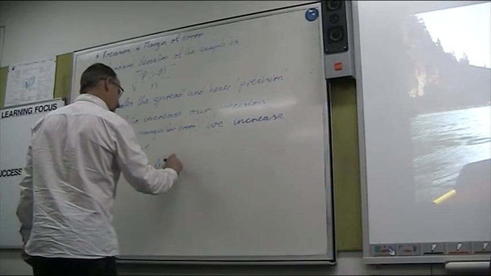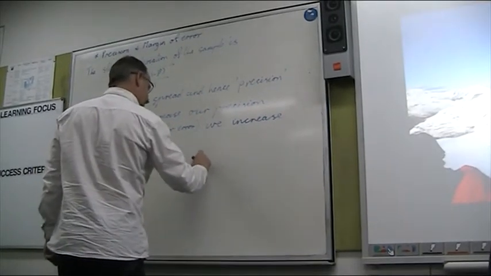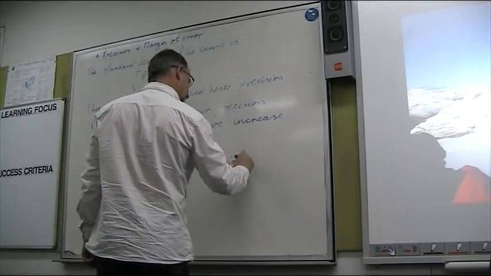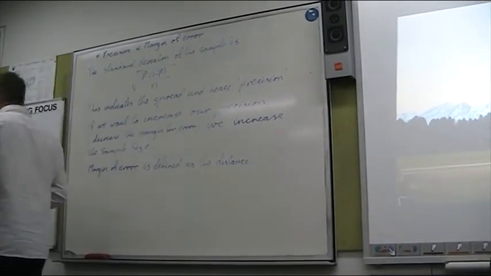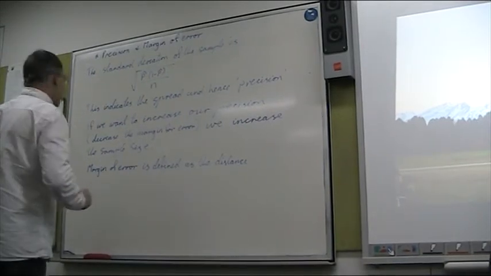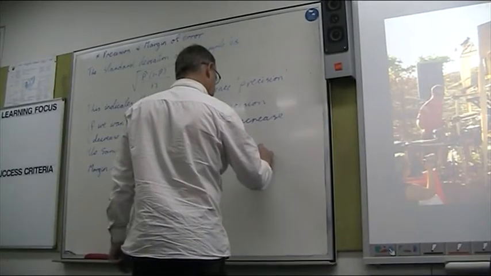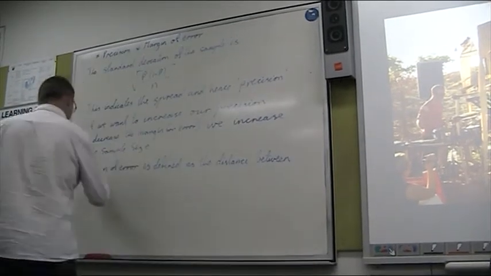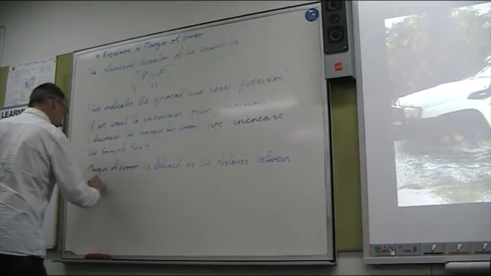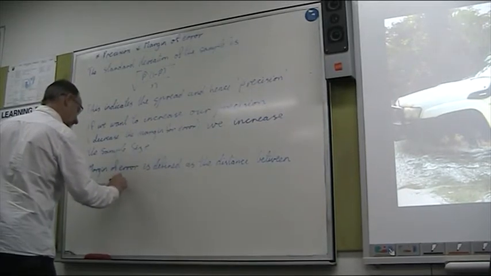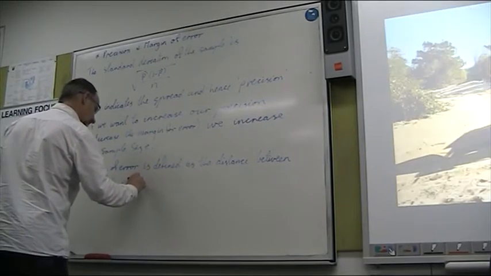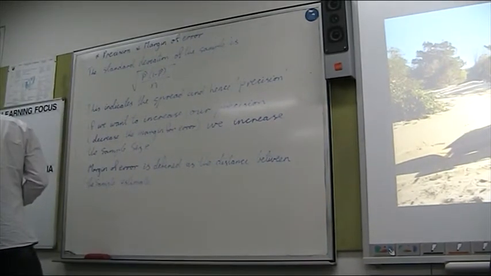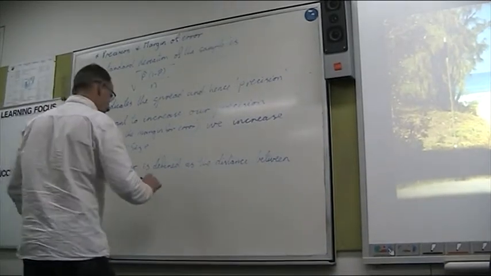It's defined as the distance between the sample estimate and the endpoints of the confidence interval.